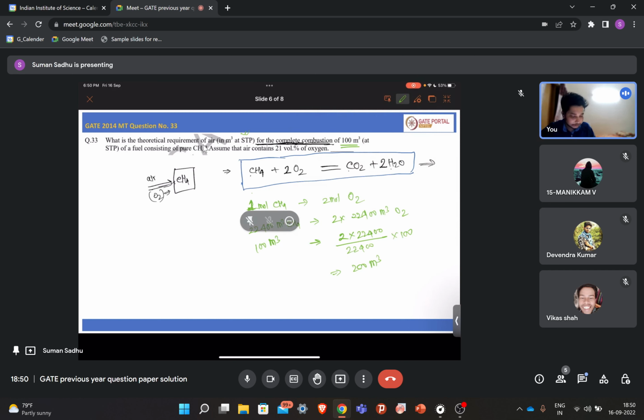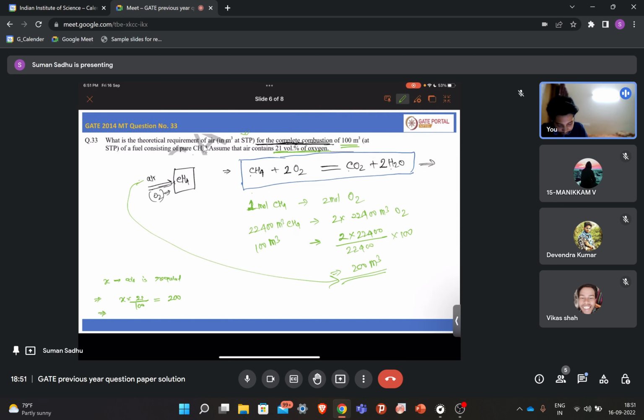Now this 200 meter cube of oxygen is coming from the air, right? Let's say in air 21 volume percent oxygen is present, and we need x amount of air. In x meter cube of air, how much oxygen will there be? x into 21 by 100, and this is equal to 200.